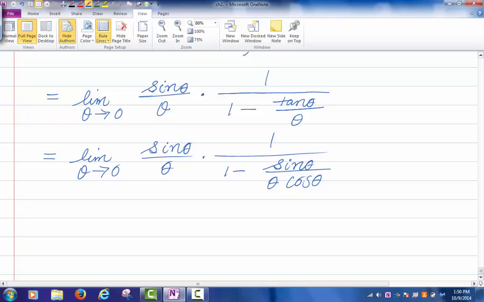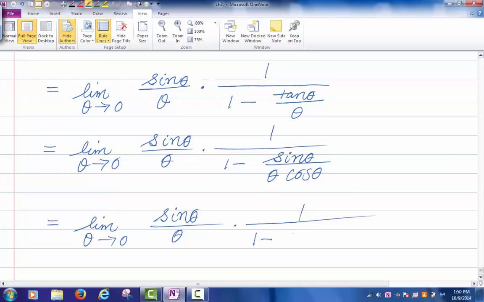And I think what you said, I could have replaced tangent by sine over cosine first, but at the end I have to again factor out theta. So I simply did the opposite. Okay, so this is the limit as theta goes to 0 of sine theta over theta, and I am going to write this as 1 over 1 minus sine theta over theta times 1 over cosine theta.